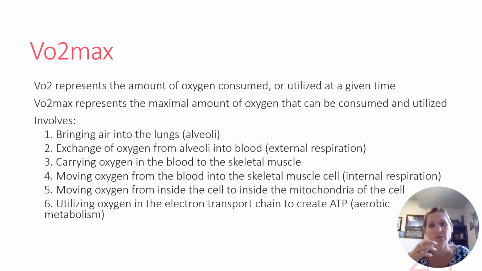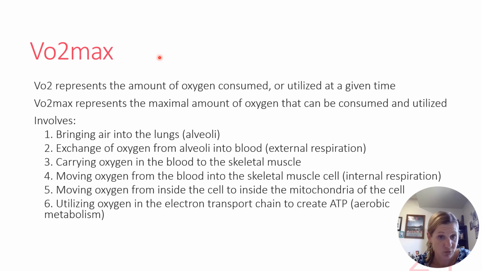Okay, so we've talked a lot about these different factors and the different layers and the things going on during acute aerobic exercise. Now it's time for us to briefly talk about VO2 max. You're going to tell me much more about this in your lab reports, but this will give you some good background information. VO2 max is the maximum amount of oxygen that I can consume and utilize at any given time, generally measured in liters per minute.